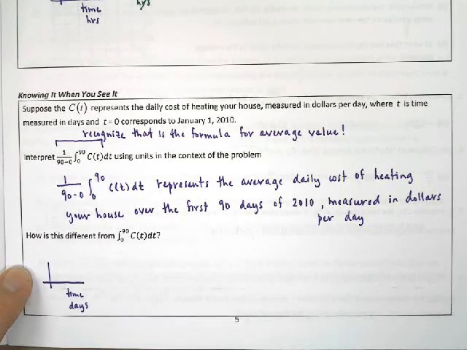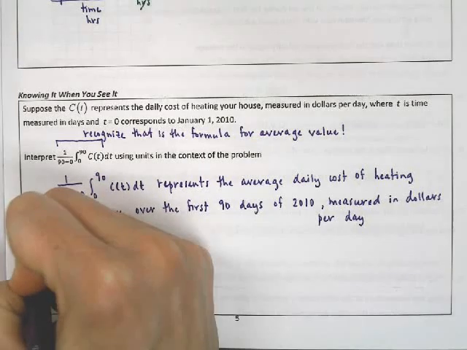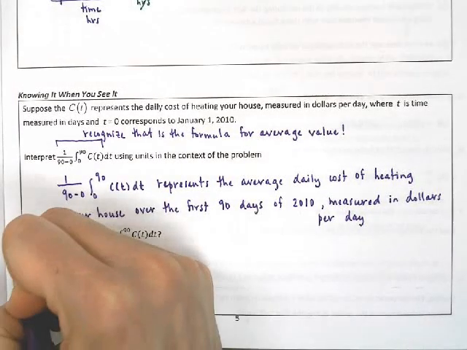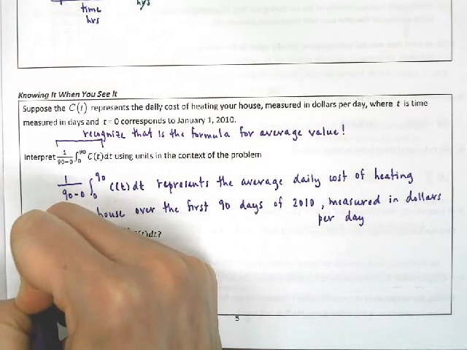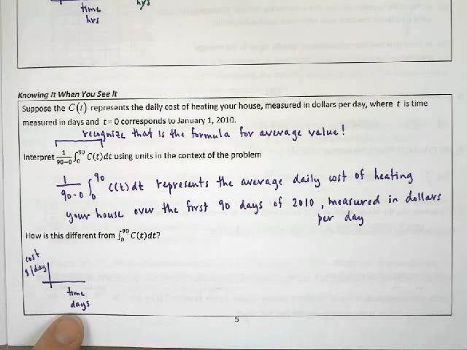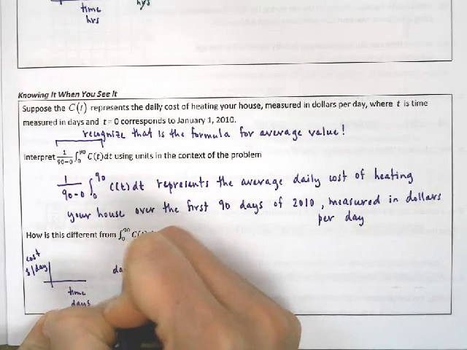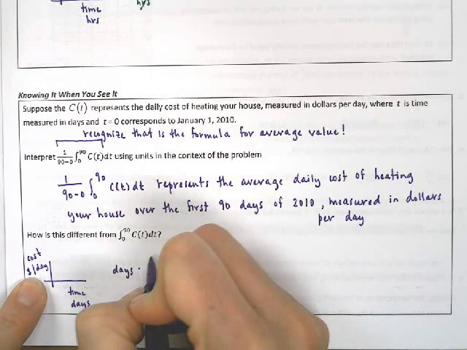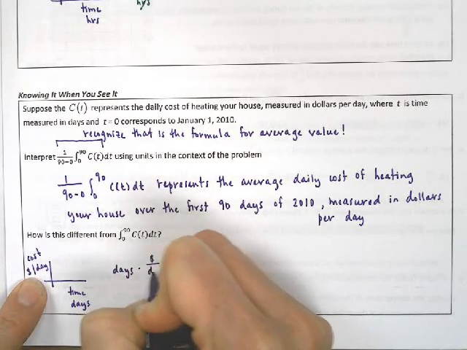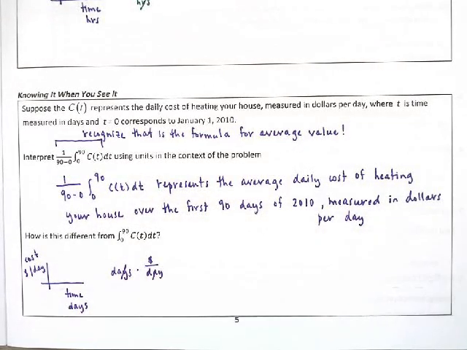Our y-axis was the daily cost, and that's measured in dollars per day. So when we're integrating, again, we're multiplying our base times height. So we would have days times dollars per day. So that would just cancel and give us dollars.